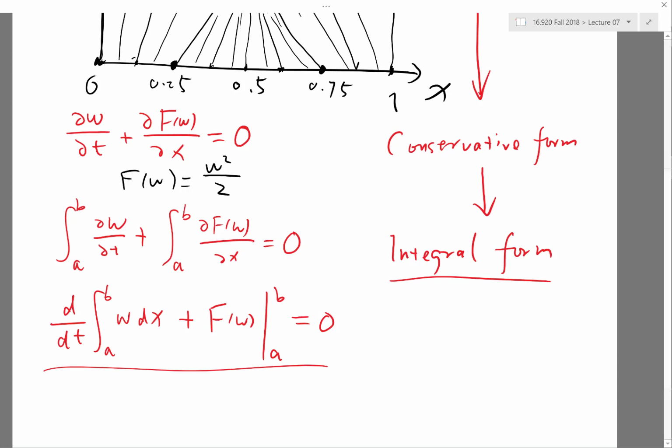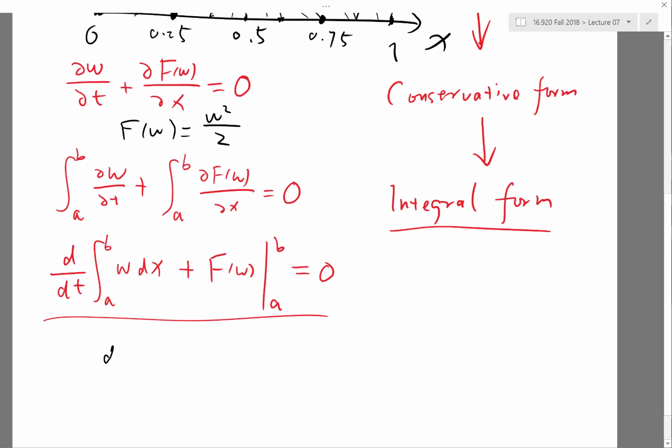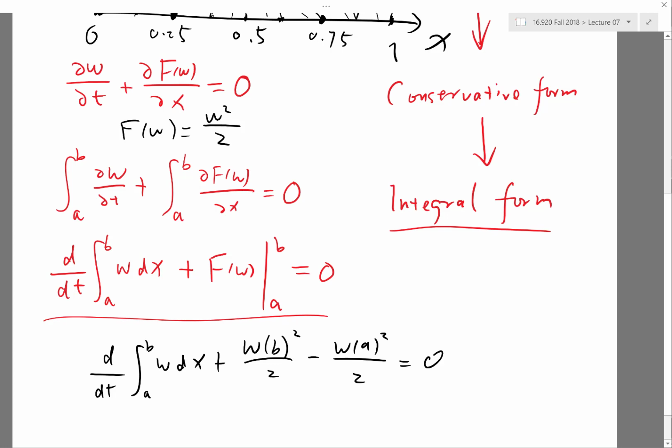All right. So if you write down the integral form of the Burgers equation, it'll be d dt of the integration over any a to b of w dx, plus w at b squared over 2 minus w at a squared over 2. So that's the integral form of the Burgers equation.